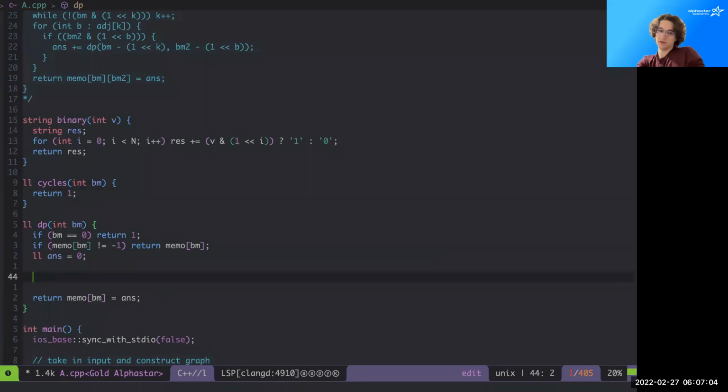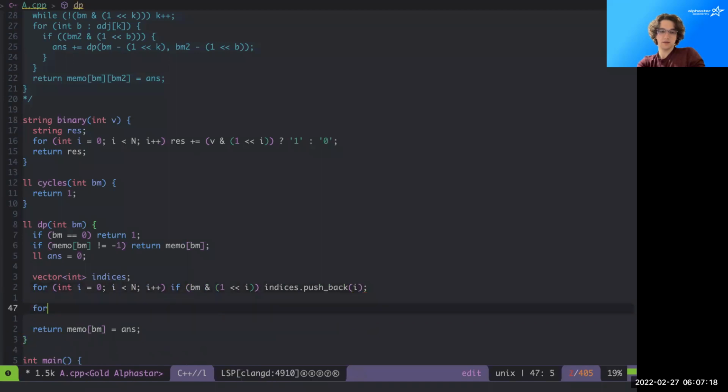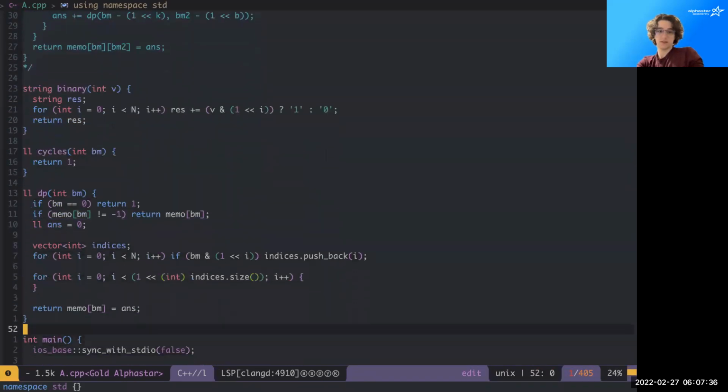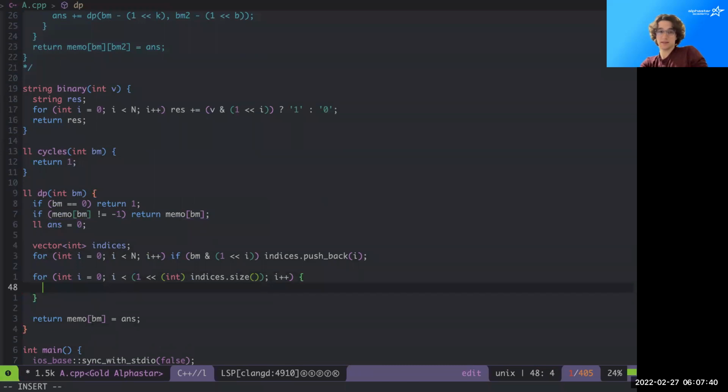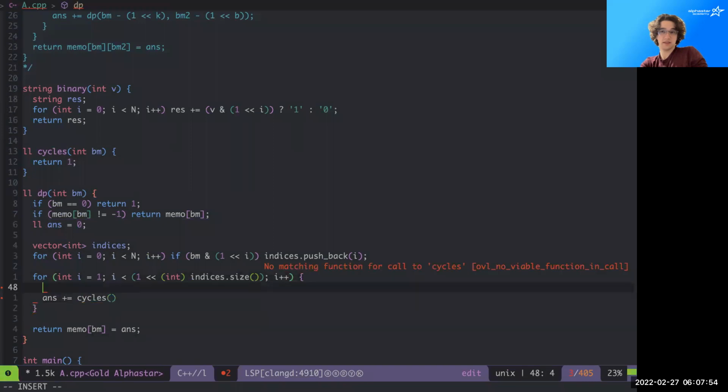Then we need to compute, okay, so if you look over all sub bit masks and ask, I guess you have to remove at least one, and we have cycles. And you have a factor n here.